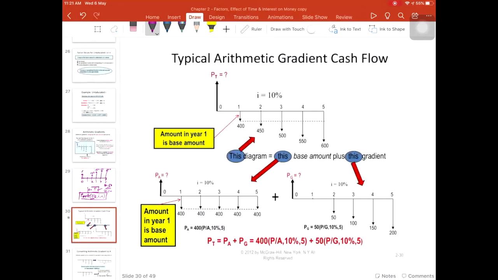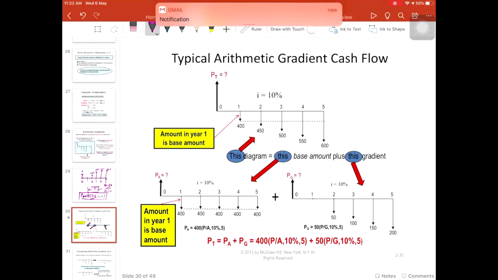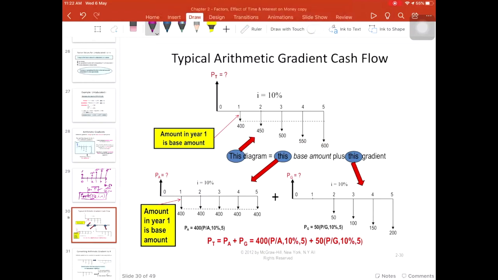Okay, so the example. So for this gradient, you have to separate punya calculation. Okay, the first one you have to find the A, and also you have to find the gradient itself. Okay, so you see the example. Okay, you have to know the PT is a total.